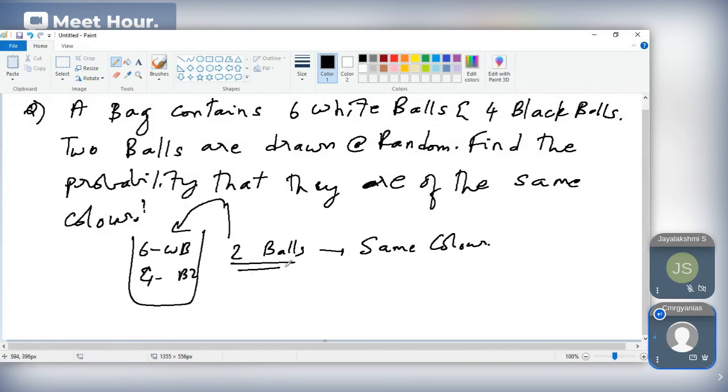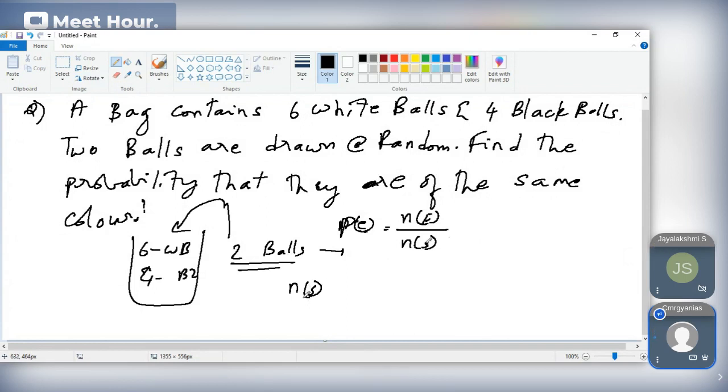Now again see here, the formula is P of E is equal to N of E by N of S. Now what is my N of S? 24?